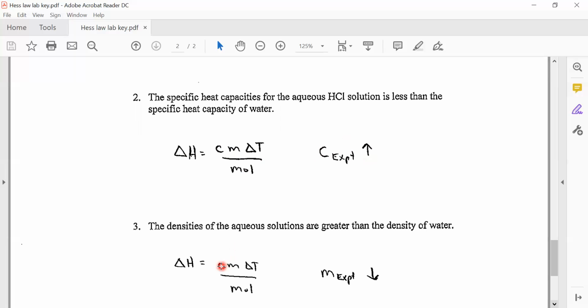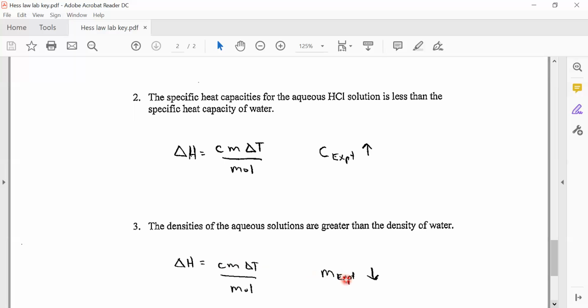And this one right here is, let's say I used a density of 1.00 grams per milliliter, but let's say the density was 1.02 grams per milliliter. So I used a value in my experiment of 1.00 when I should have used 1.02.